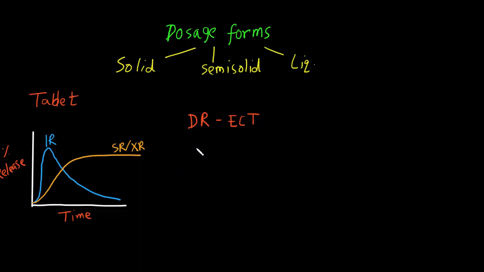And there are other different kinds of coating, like a film coating, or a sugar coating to mask the taste of the drug. And among the immediate release tablets, there are even more options.